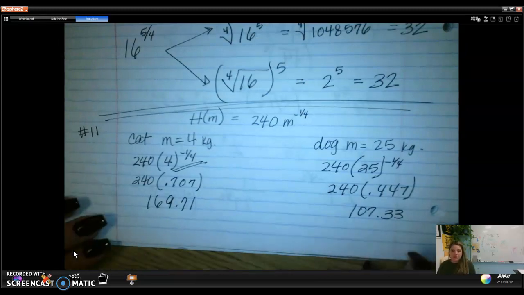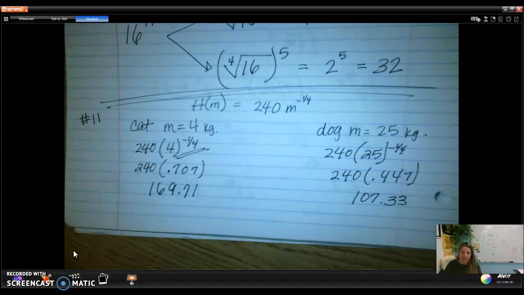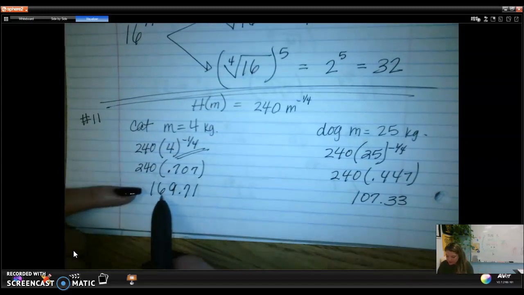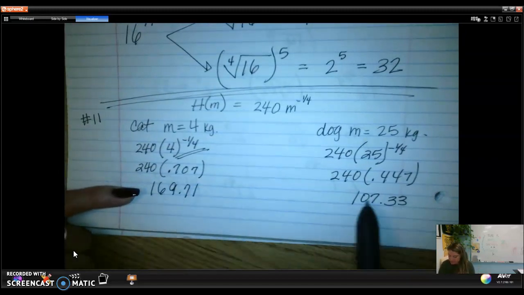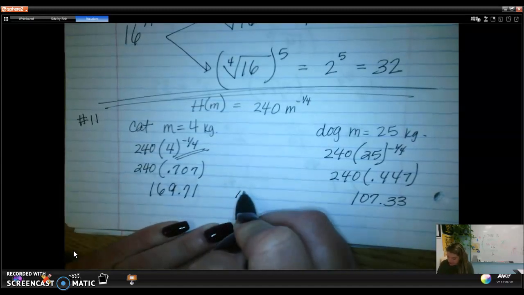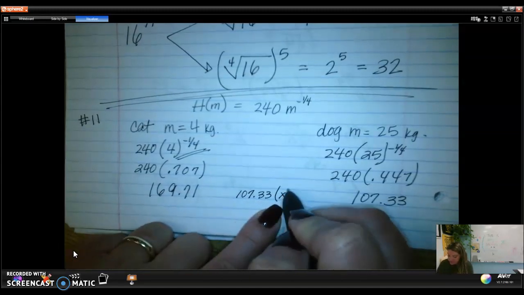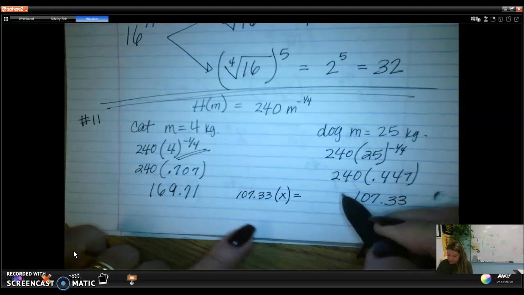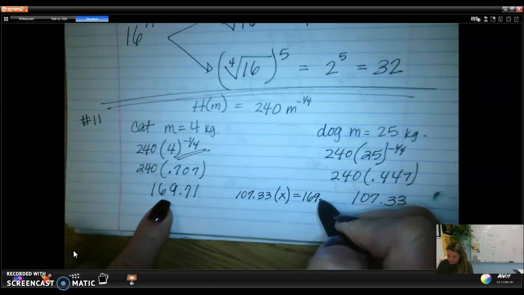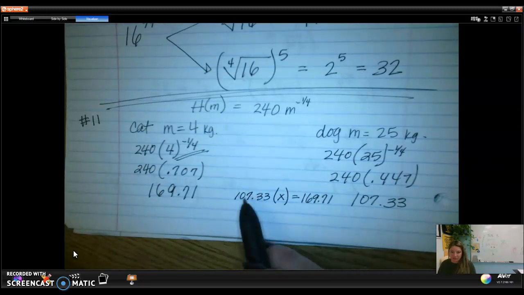So now what I want to know is how many times faster is the cat than the dog? So you're basically solving that equation: the dog's resting heart rate times what number is going to give you the cat's resting heart rate. Okay, so you need to do this 169.7 divided by the 107.3.